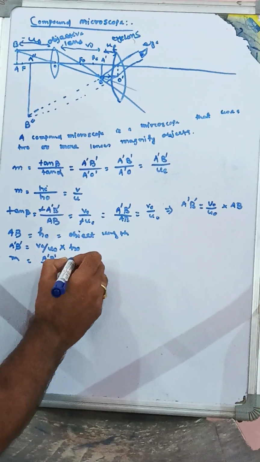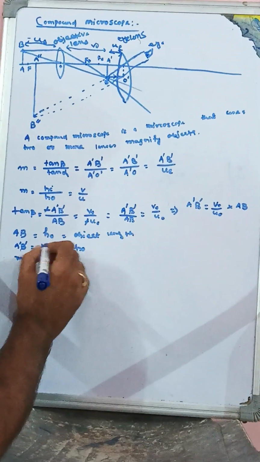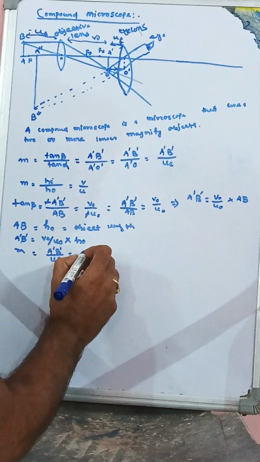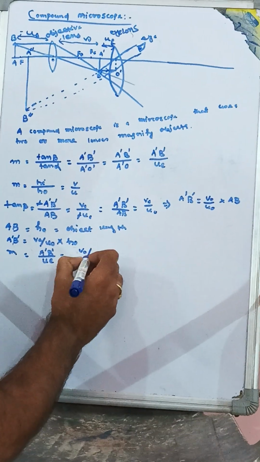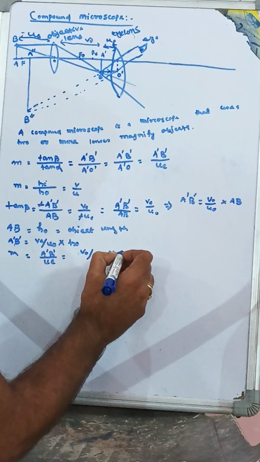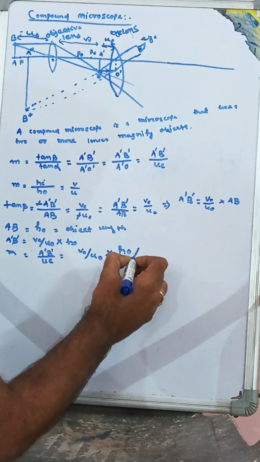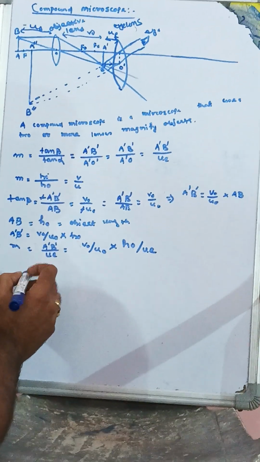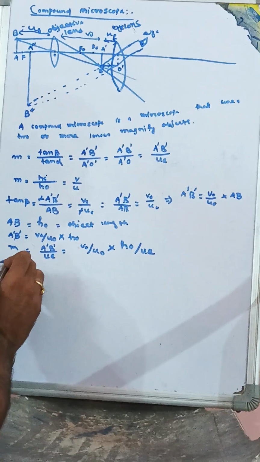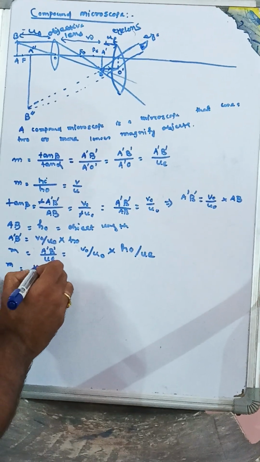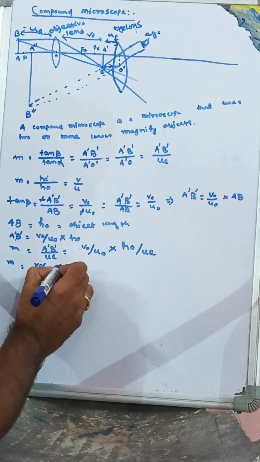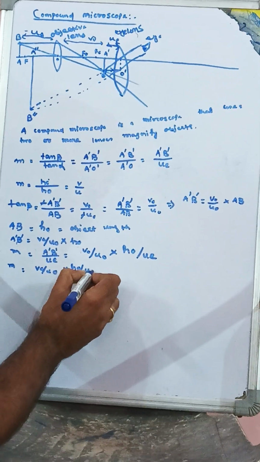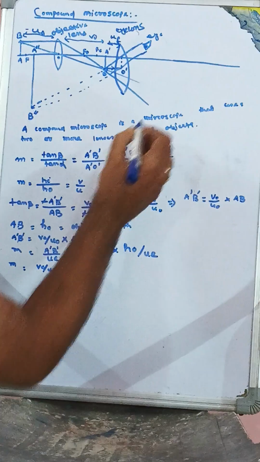We know the value of A'B', v0 divided by u0 into h0 by ue. Then M is equal to v0 by u0 into h0 by ue divided by alpha.